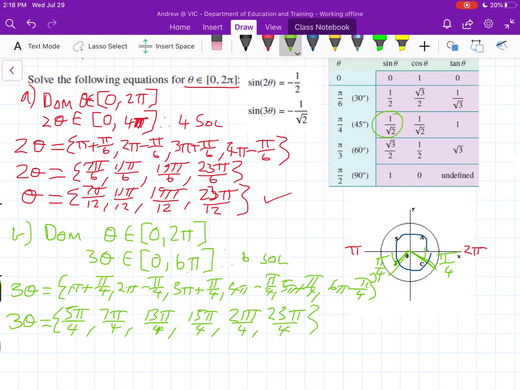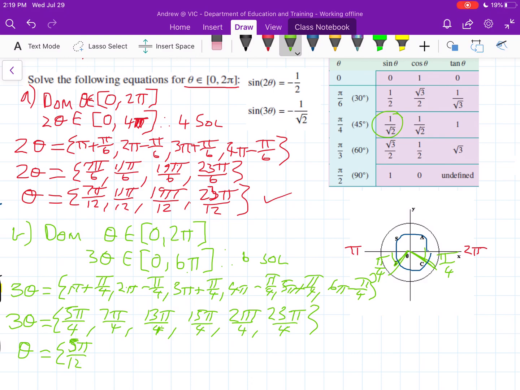Okay. Now, all that's left to do is to get theta by itself, and we do that by dividing by 3. So that means we can multiply the denominator by 3, and that will be our answer. So we'll have 5 pi on 12.